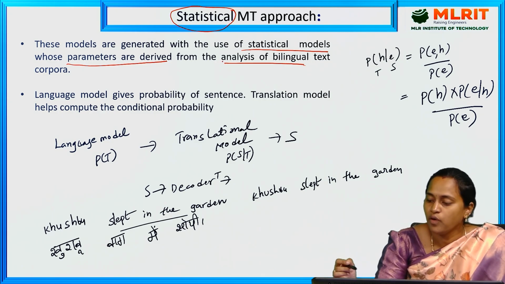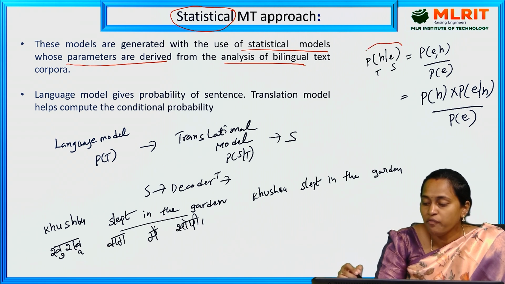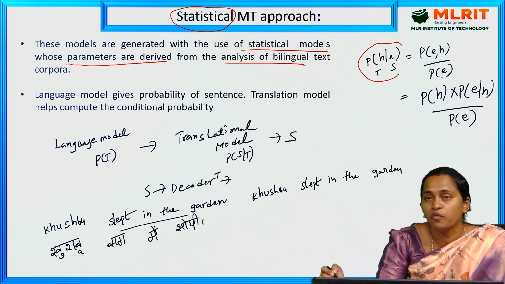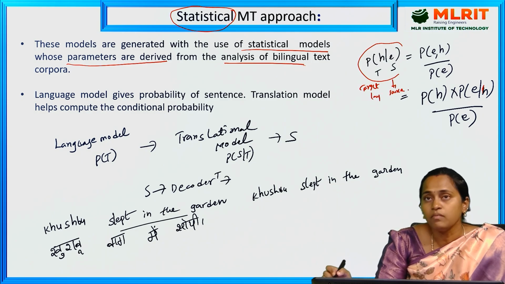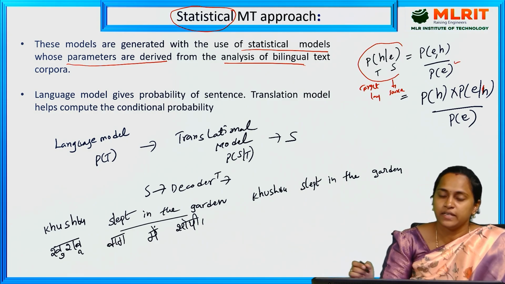Here we follow one formula: P(H|E) = P(E,H)/P(E) = P(H) × P(E|H) / P(E). Here H is the target language and E is the source language. This is the formula to calculate the statistical machine translation for a sentence.